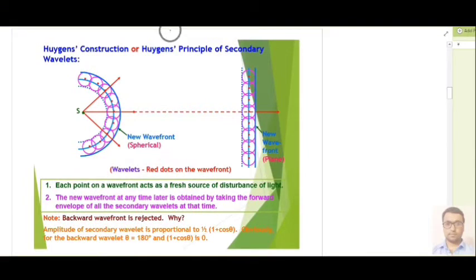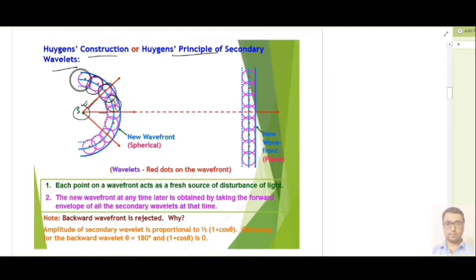Then one important principle to understand wavefronts is Huygens' construction, Huygens' principle of secondary wavelets. Now understand, suppose we have a source of light, and from this source the energy comes out in the form of wavefronts.